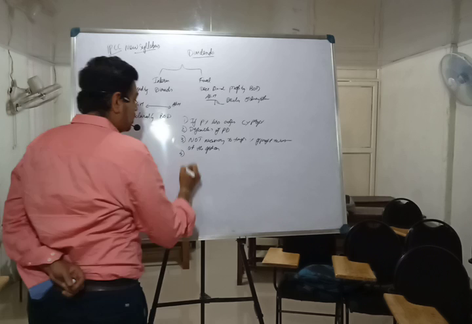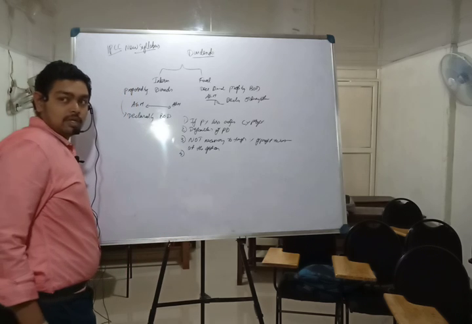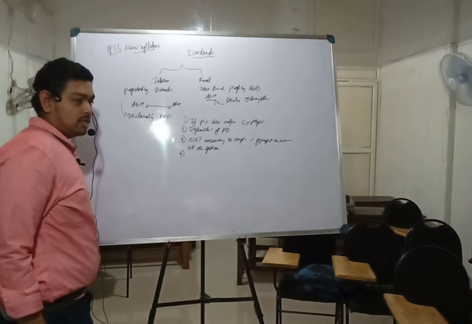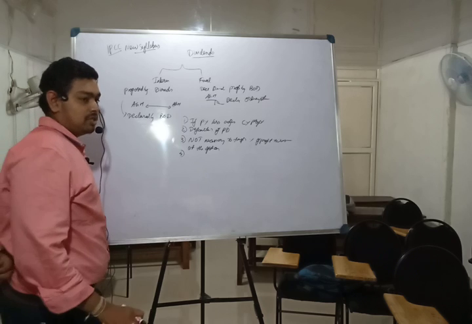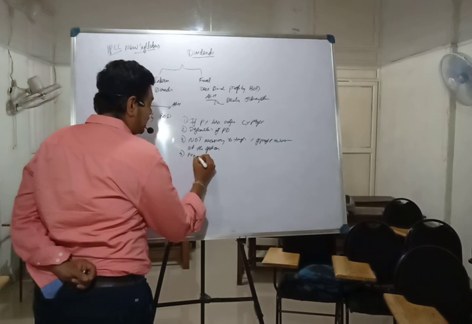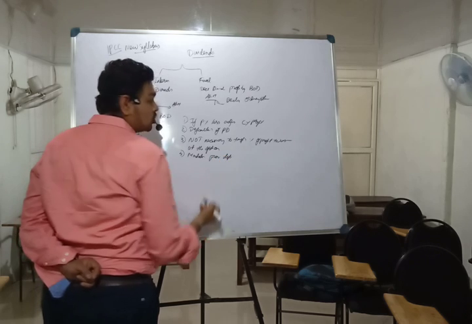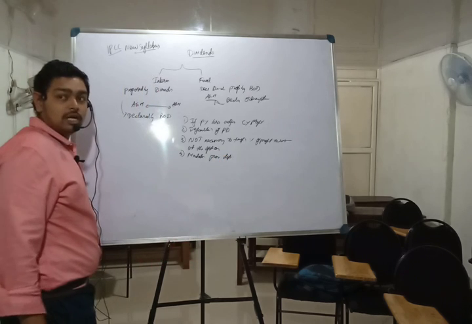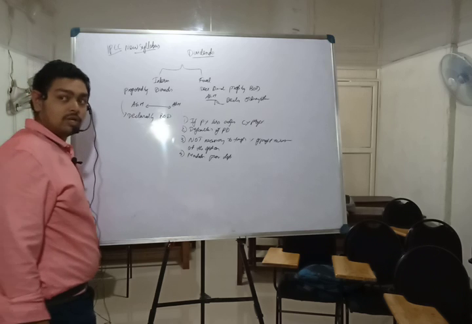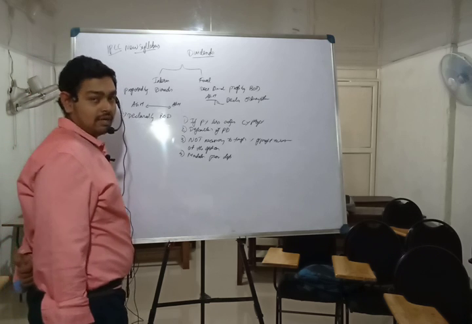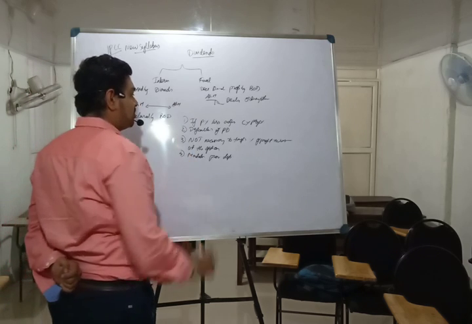Fourth, if your profit is before depreciation, first you should provide for depreciation. So the mandatory provision for depreciation should be made. Depreciation has to be adjusted, then only you can declare dividend. So these 4 points you should keep in mind.